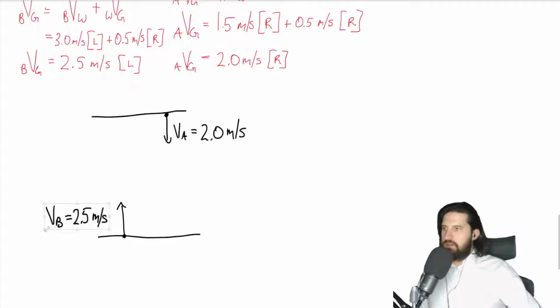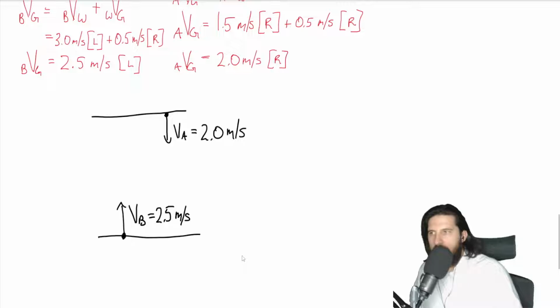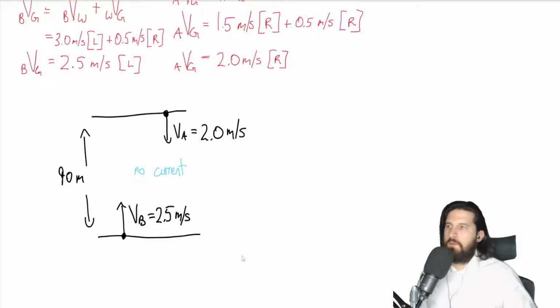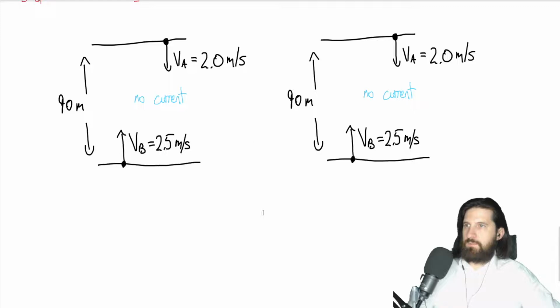Maybe let's just do this. Okay. And this is 90 meters. All right. And there's no water, and there's no current. Versus, this is the same thing. Okay.